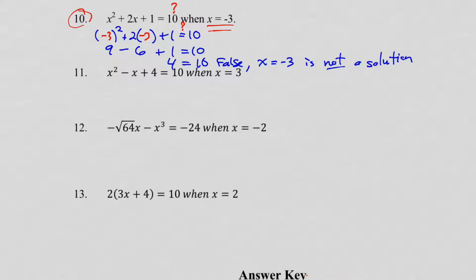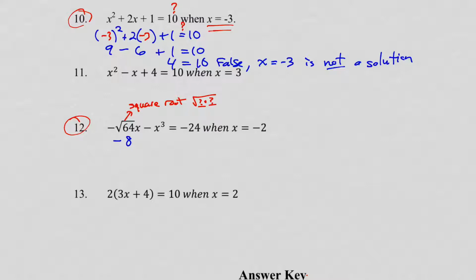Okay? Now let's take a look at number 12. This is a little different. It has a radical sign there. So this right here means square roots. In other words, the answer is what times what, being the same exact number, is going to equal that number 64. And that's just going to be 8. So the square root of 64 we can simplify to 8.